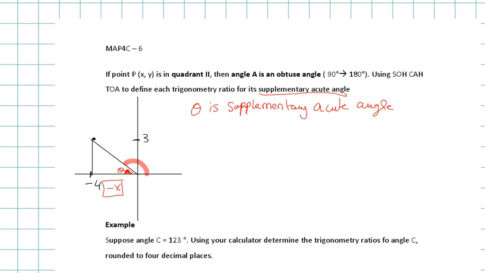What's the value of y? Positive 3, so it's just y. And what do we call this? The radius, r. It used to be the hypotenuse, now it's called r.